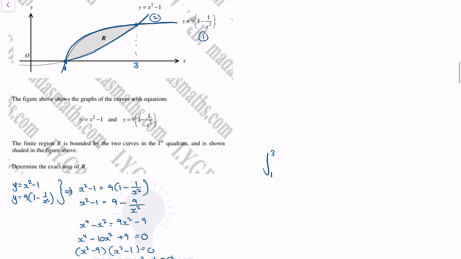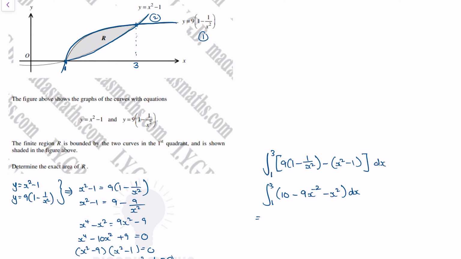So it's going to be 9 times (1 minus 1 over x squared), take away (x squared minus 1), dx. So if I simplify it, it's the same thing as 9 plus 1, which gives me 10, minus 9 over x squared, which is minus 9x to the minus 2, and I get a minus x squared.